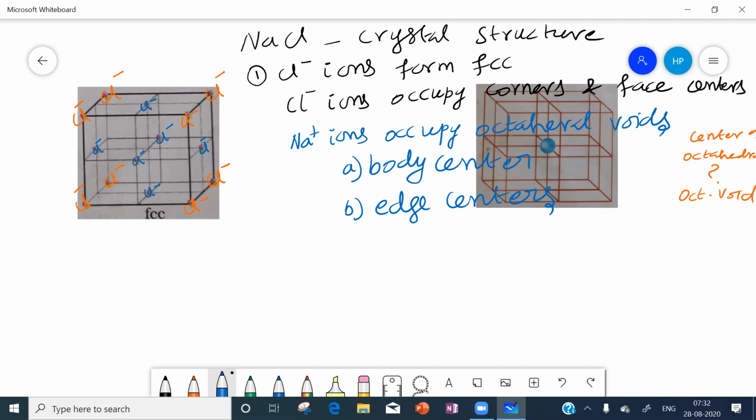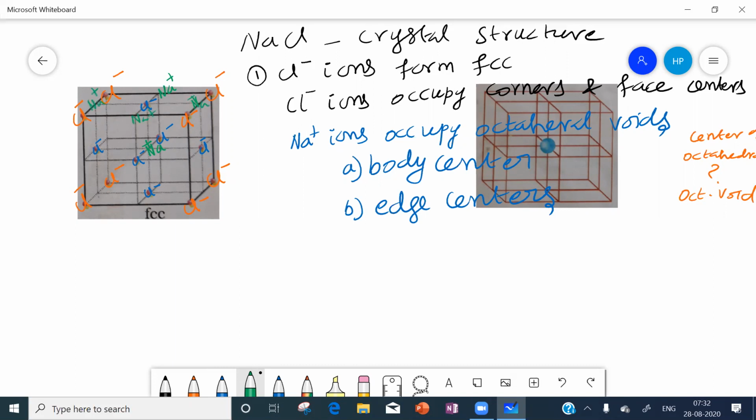Now we will place Na plus ions in the body center, which is an octahedral void. Then in the edge centers we will place Na plus.